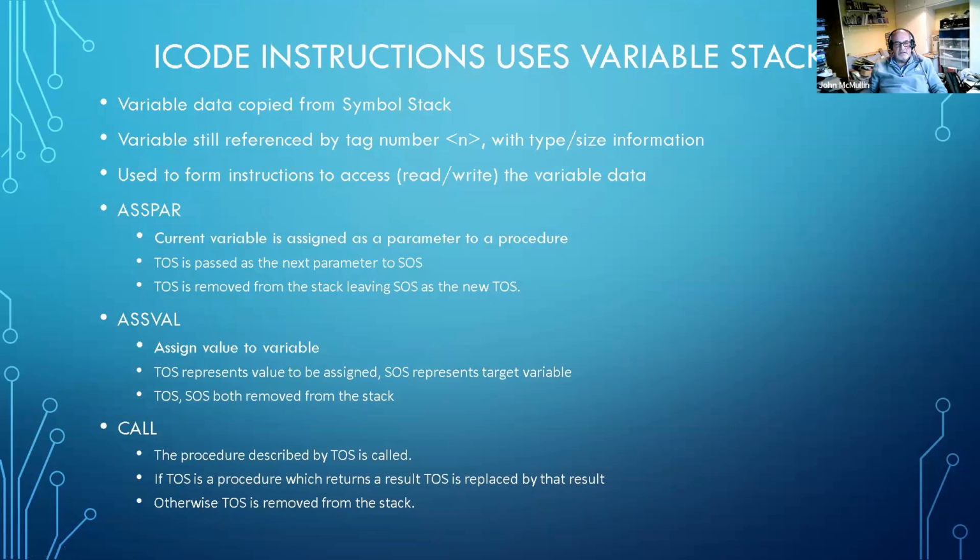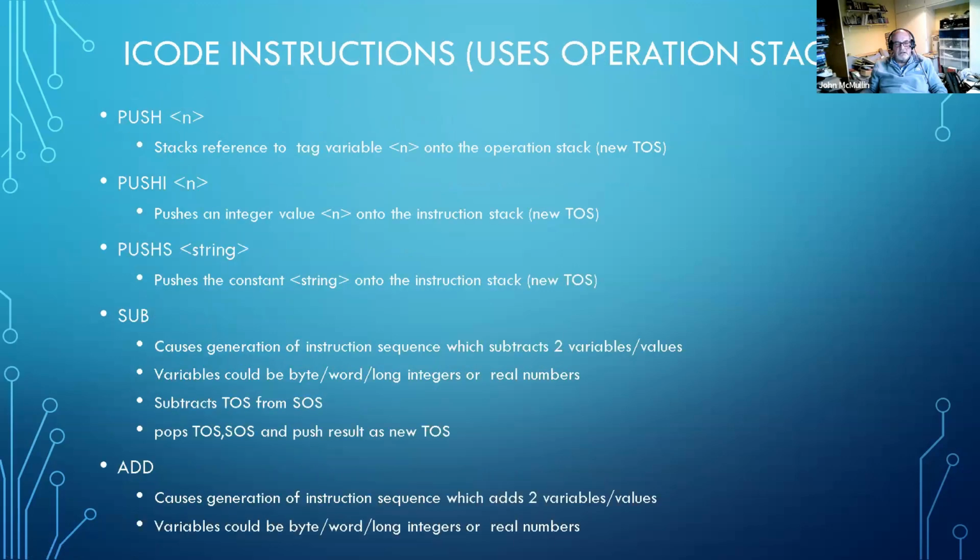Next, examples using the operation stack. There's push, where the parameter n is the tag which indicates which variable we're pushing onto the operation stack. Now, when we're pushing a variable, it's a reference to the variable, but it does not necessarily mean we're creating the calculation at the time.